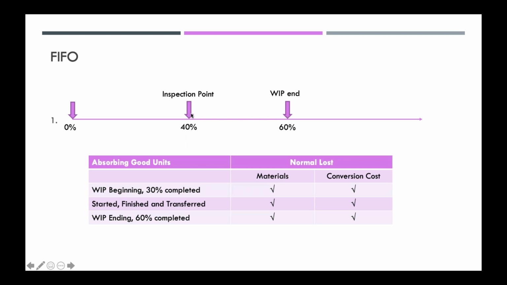So nakalampas siya dun sa inspection point, meron siyang share dun sa loss units. So in terms of conversion cost, again, lahat sila merong share. Why? Kasi nga 40% yung inspection point, lahat sila, work in process beginning, started and finished, and ending, lumampas ng 40%. So lahat sila merong share sa conversion cost for the cost of the normal loss.